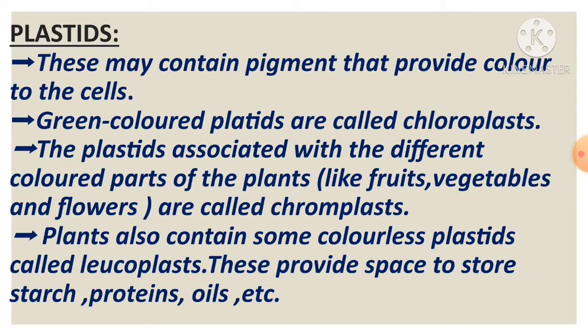Green colored plastids are called chloroplasts. The plastids associated with the different colored parts of plants like fruits, vegetables and flowers are called chromoplasts. Plants also contain some colorless plastids called leucoplasts. These provide space to store starch, proteins, oils, etc.